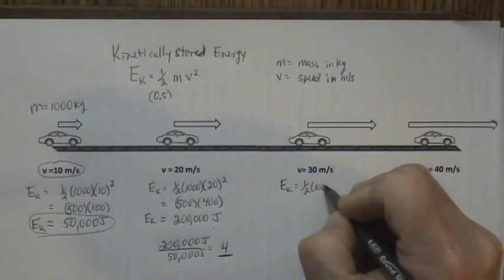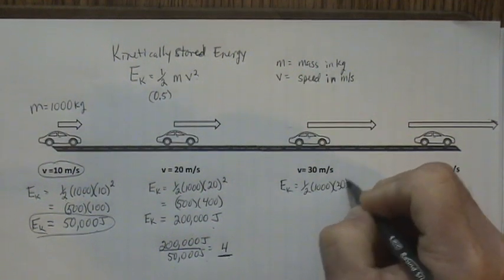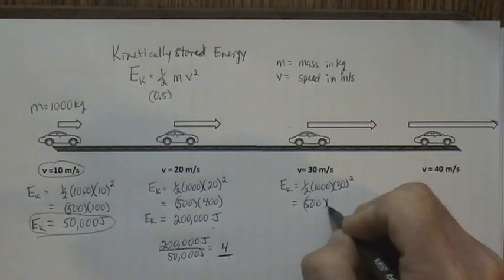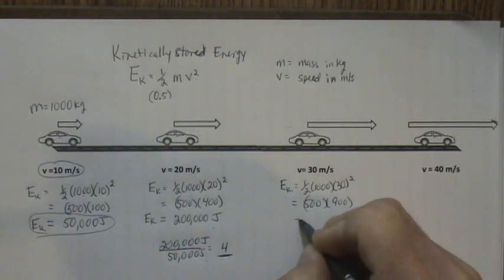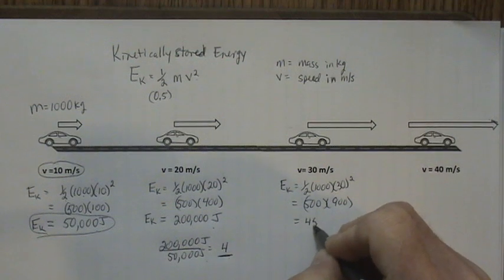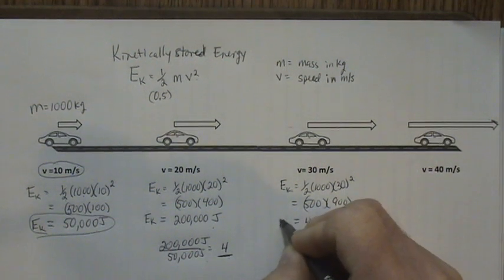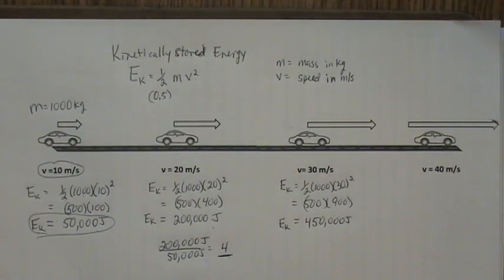This is half of 1,000 times 30 squared, which is 500 times 900, which is 450,000 joules. We'll see these numbers get quite large quite quickly, which is what we discussed back when we were talking about momentum with collisions.